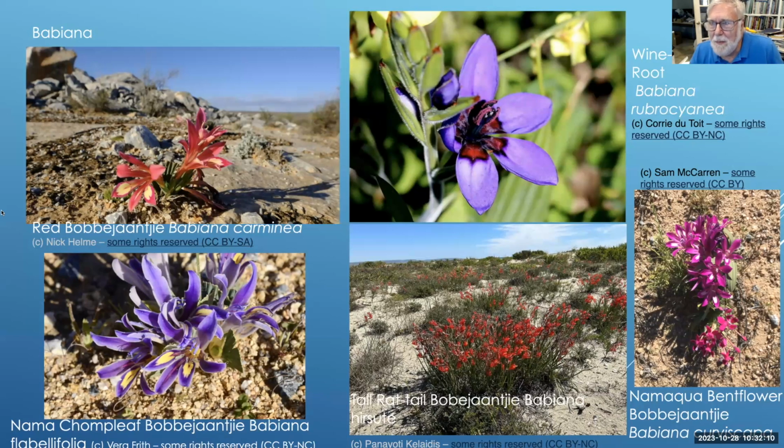Look at the Babiana. It's called white cup baboon root. It has almost the same coloration as the Geissorhiza. So it's almost like convergent evolution of what they can do.